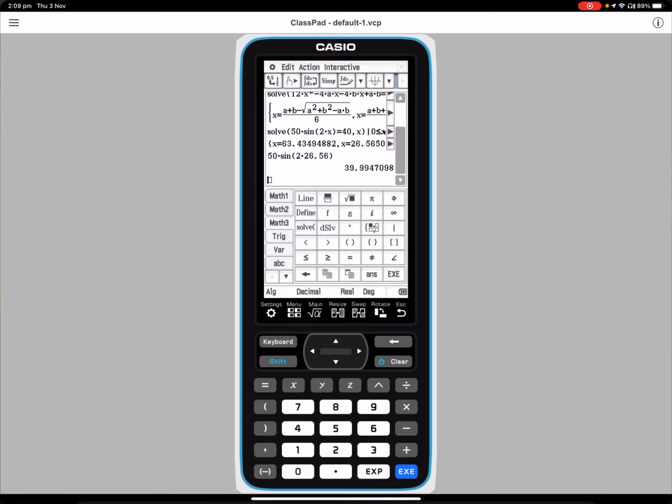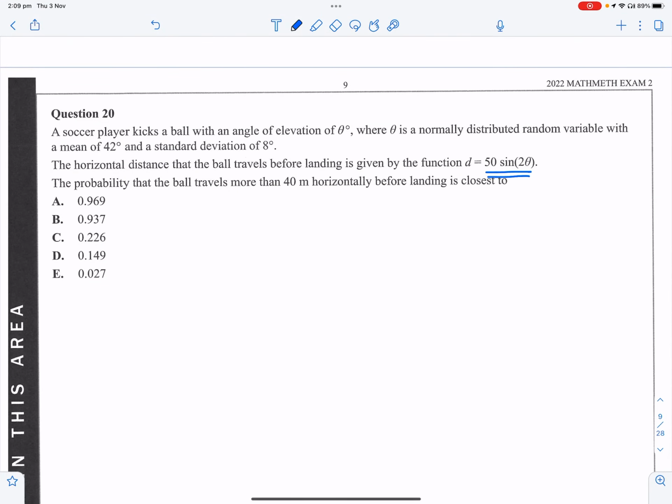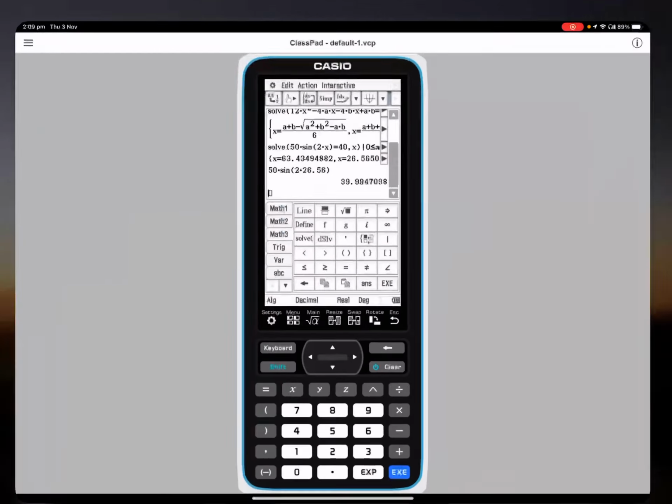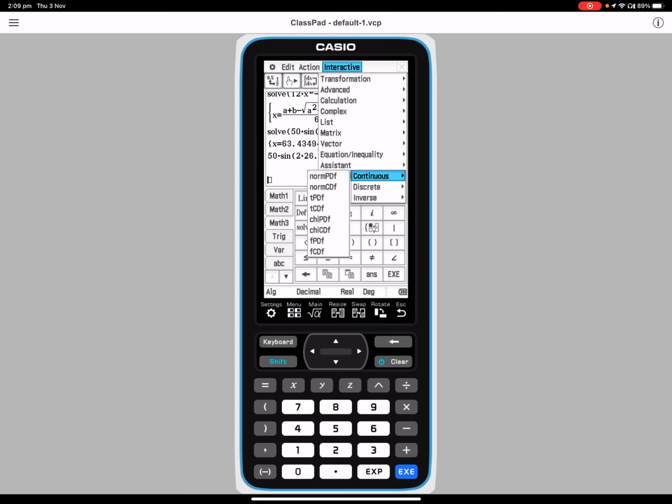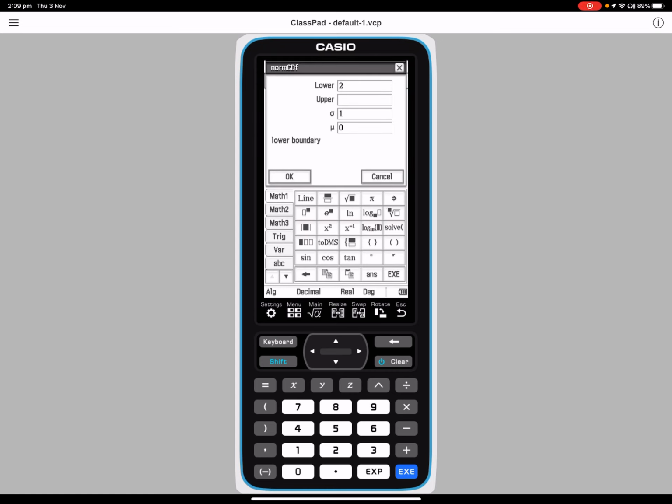So we want to use norm CDF from 26 point something to infinity, 8 and 42.